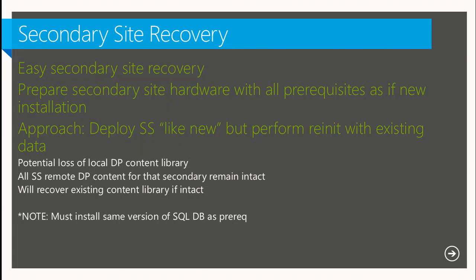Well, the answer is yes and no. A more common failure would be not necessarily those dramatic problems that happen with natural disasters, but you might have a hard drive go bad or a CPU board go bad or something like that, and you have to fix it and reload it and so forth. CPU board not so much, but the hard drive issues could cause you to have to reload the secondary site. And therefore, it's a very easy point-and-click operation.